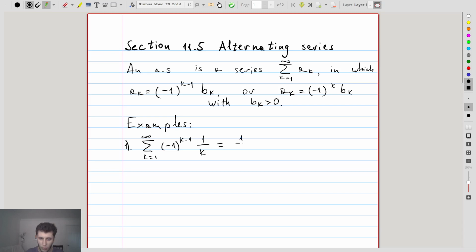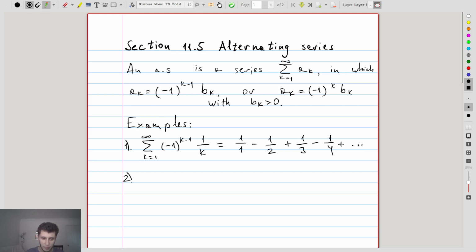So we have 1 over 1 minus 1 over 2 plus 1 over 3 minus 1 over 4, and so on. So this is effectively the harmonic series with the signs of its terms changing, being positive for every other term.